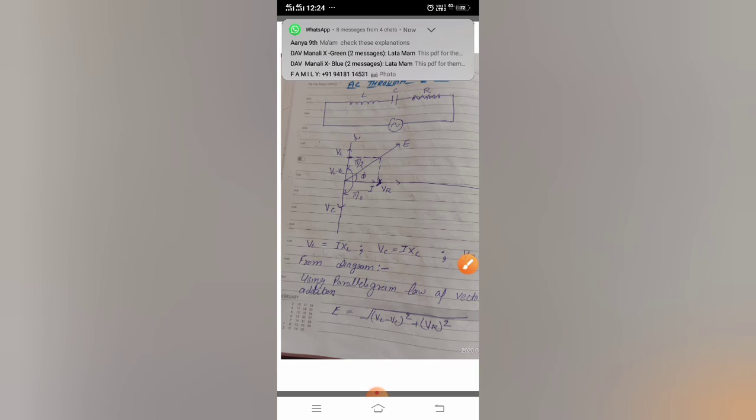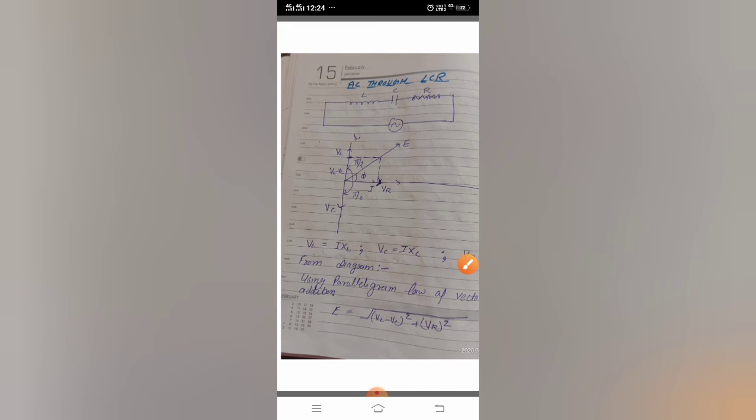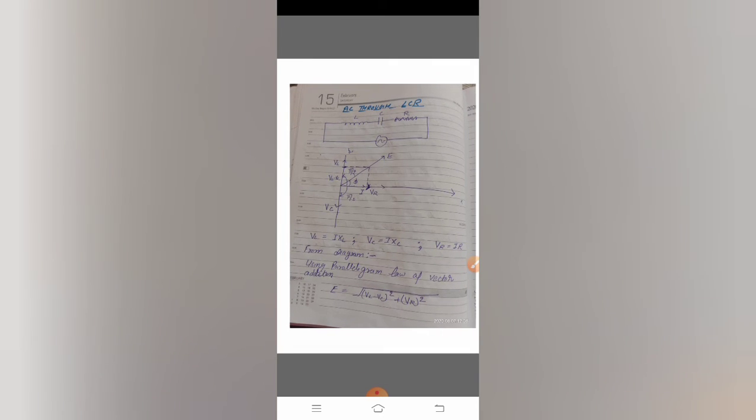Okay, so our next step is using the parallelogram law of vector addition. Students, whenever you use the parallelogram law of vector addition, the resultant is the square root of the addition of the squares of both.